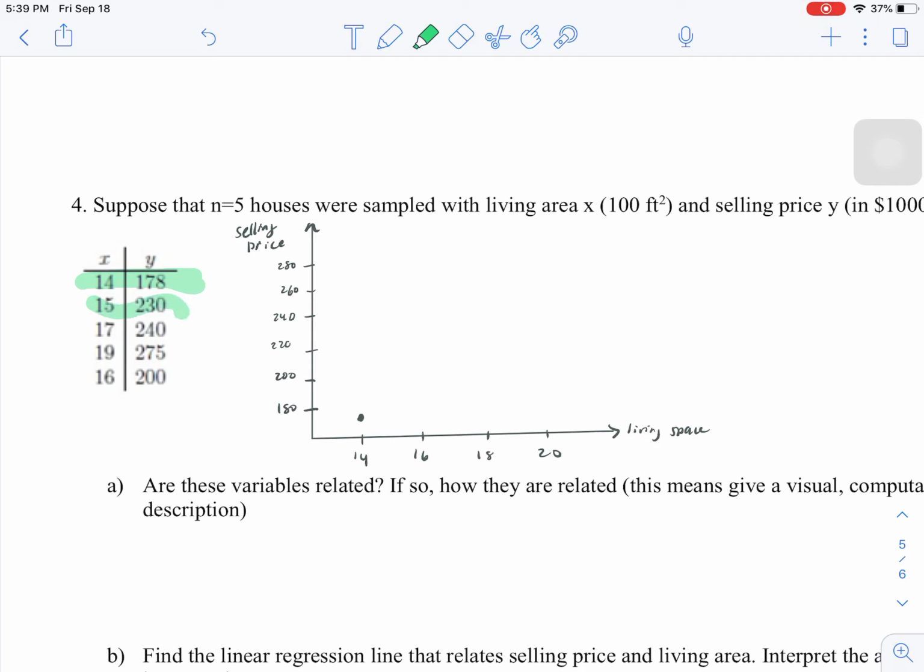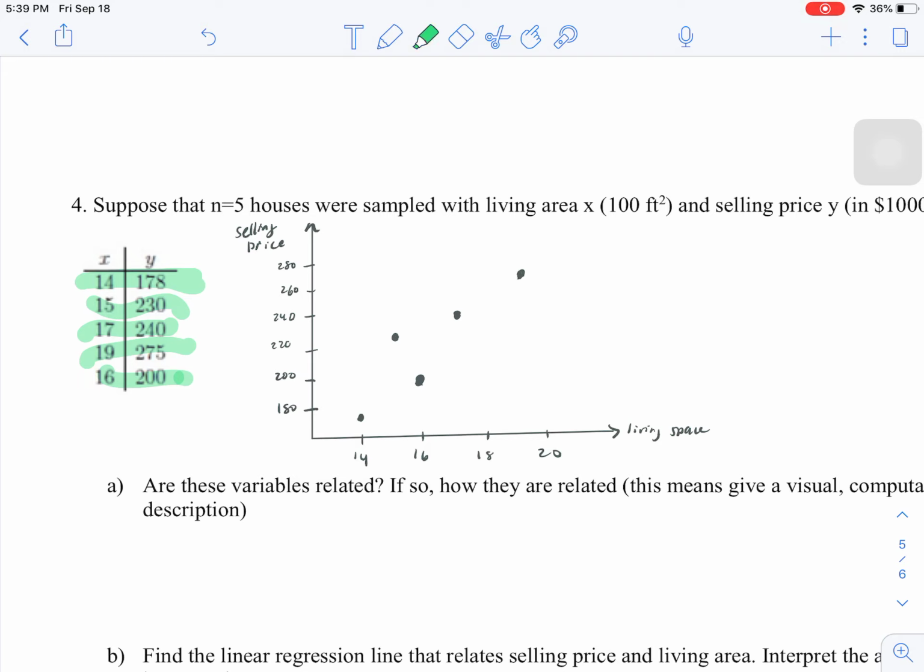Second house, 15 and 230, will be somewhere here. Third house, 17 and 240, be about there. 19 and 275 will be up here. And then 16 and 200 will be about here.